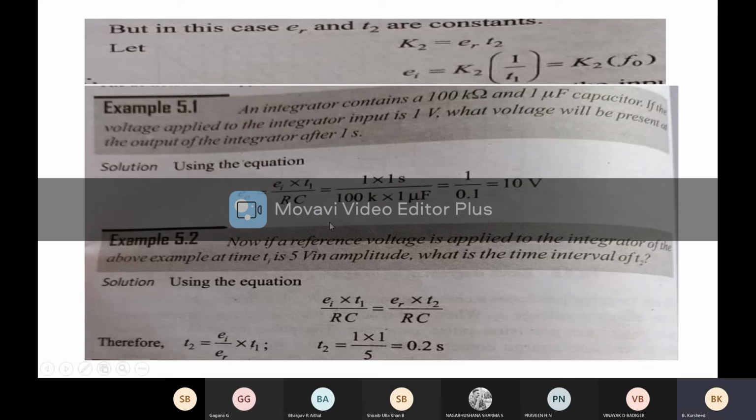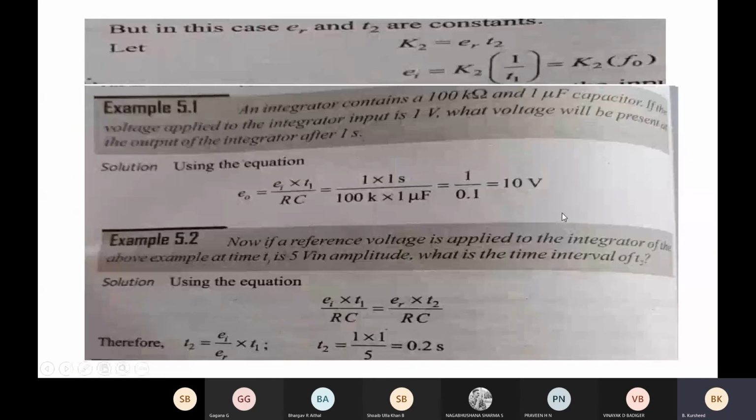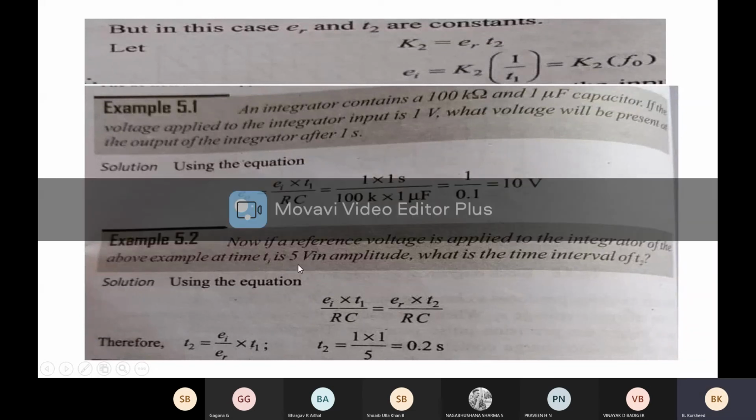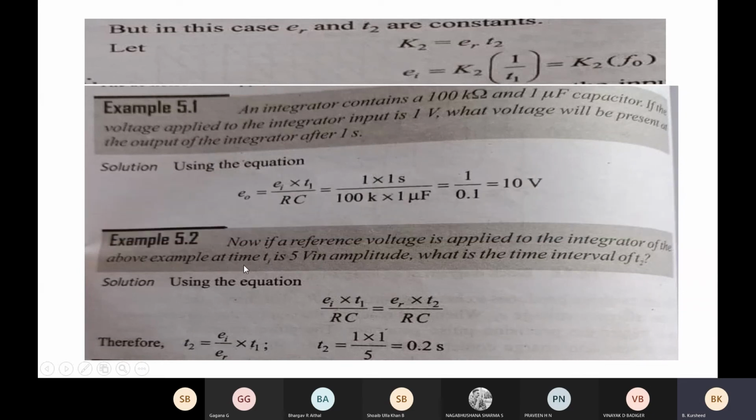Next. Now, if a reference voltage ER is applied to the integrator of the above example, ER is 5 volts.